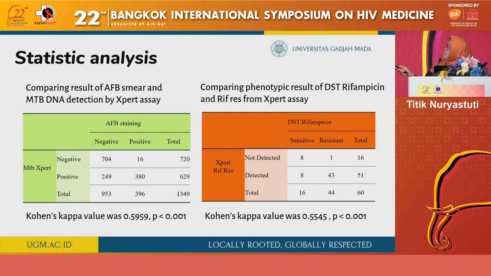When we compare the result between the phenotypic method and the molecular method, we also saw moderate agreement between Xpert and the phenotypic method of drug susceptibility test, with a Cohen kappa of about 0.5, considered about 80% agreement.